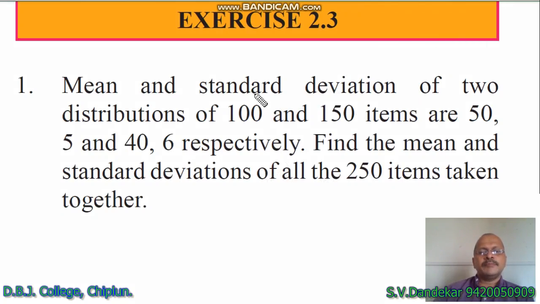Now in this problem, 100 is N1, 150 is N2, 50 is X1 bar, 5 is standard deviation, that means sigma x, 40 is X2 bar, and 6 is sigma y. Let us call these sigma 1 as 5 and sigma 2 as 6.